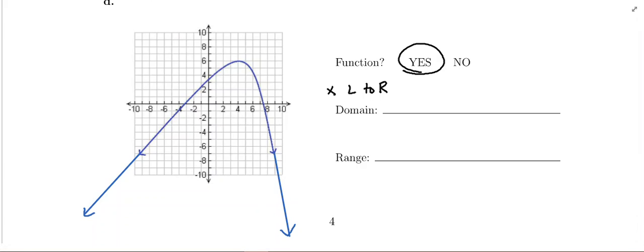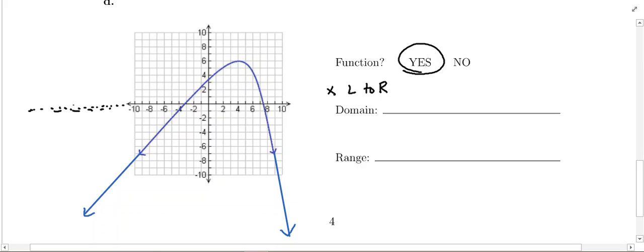Okay, so we need our x values. Imagine that your x-axis is extending in this direction. If you were at an x value like -100,000, yes, that x value would have an output. It's just way down here. So -100,000 would be a valid input. It would be in the domain.